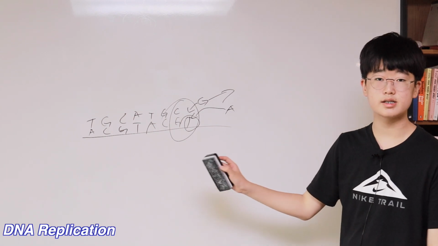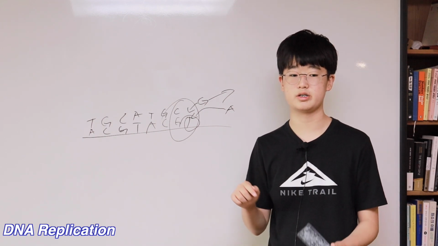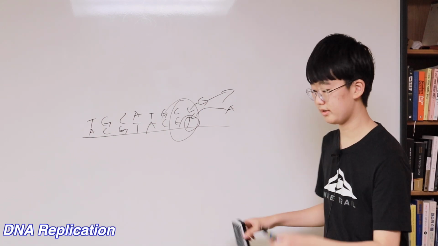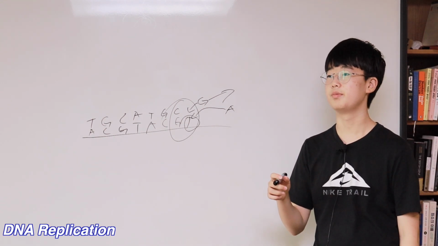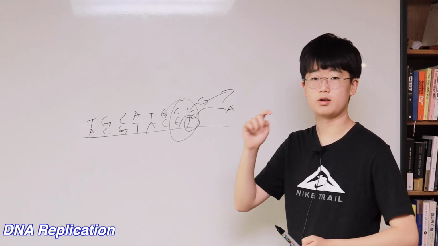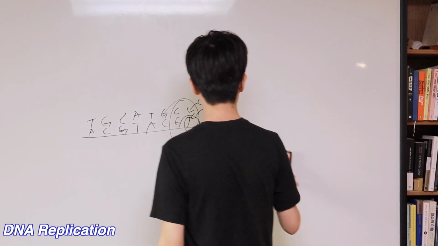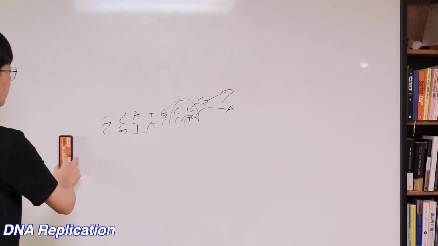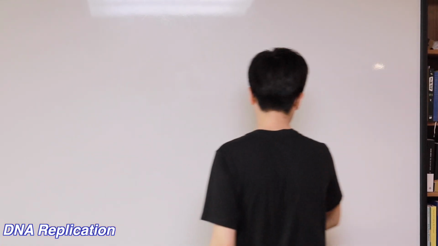And this is a very important mechanism, lowering the chance of mistakes by 10 to the 5th power, which is 100,000, and 1 mistake per 100,000.